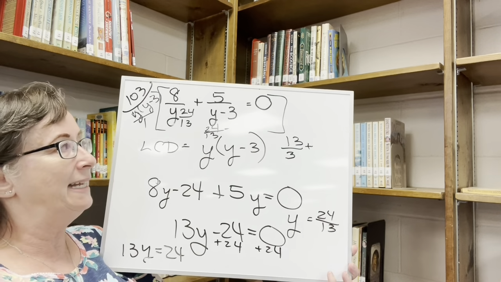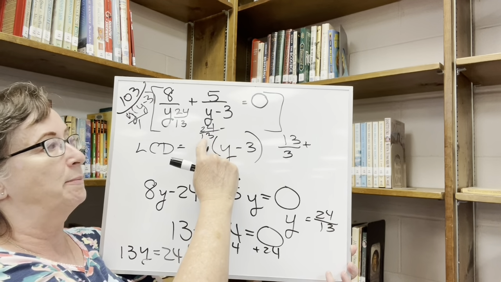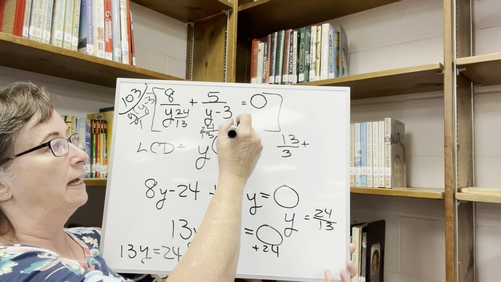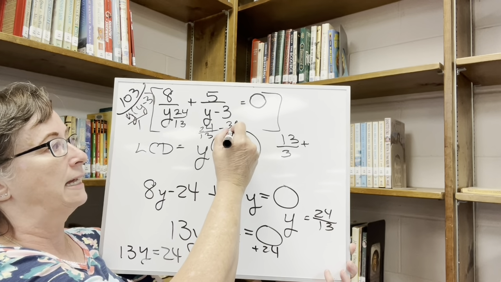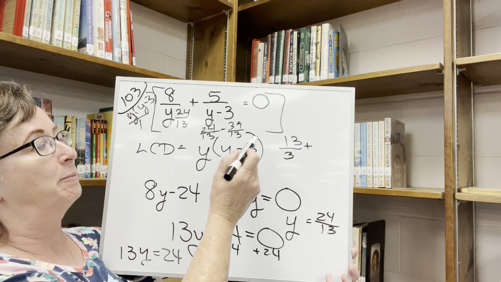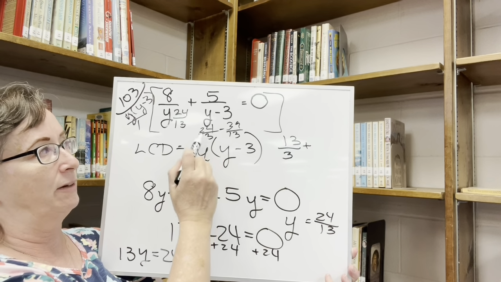Now, I need a common denominator to make this make sense. So 3 times 13 is 39. So that's going to be 39/13. And then when I take 24 minus 39, I'm going to get minus 15/13 down here.